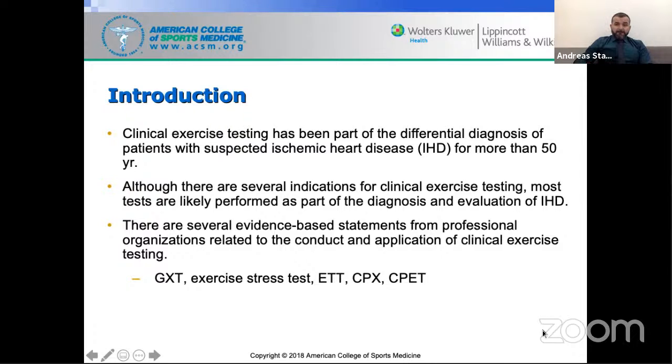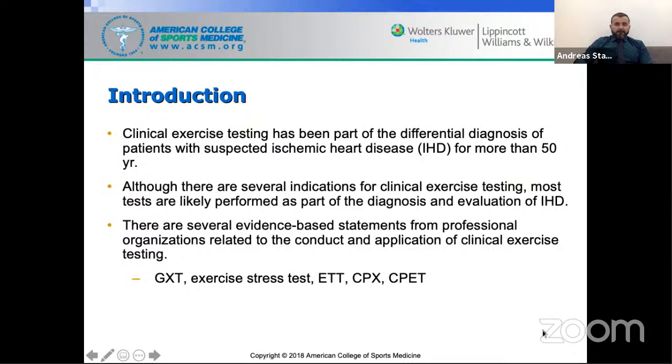And ischemia, we talked about that, is restricted blood flow. So we have disease that comes from restricted blood flow to which organ? The heart. So that's what we're going to talk about. And that's why we usually do this clinical exercise testing, because it gives us information when we suspect ischemic heart disease.